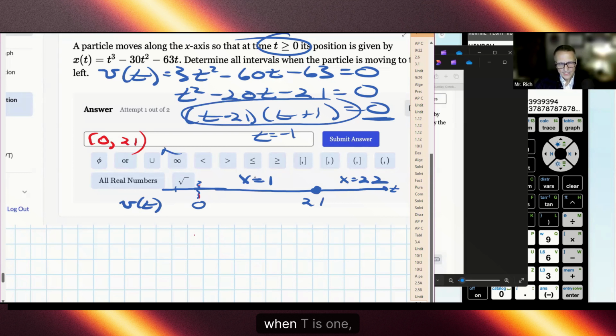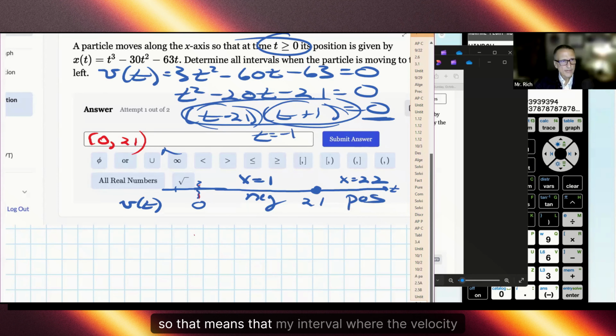When t is 1, this factor would be negative and this one would be positive. Negative times positive is negative. When t is 22, 22 minus 21 is positive, and 22 plus 1 is positive, so the product is positive. That means my interval where the velocity is negative is from 0 to 21.